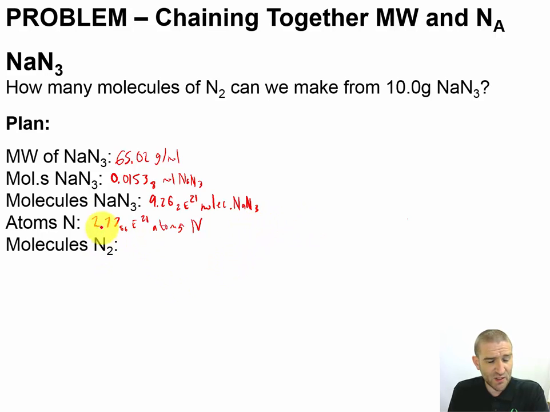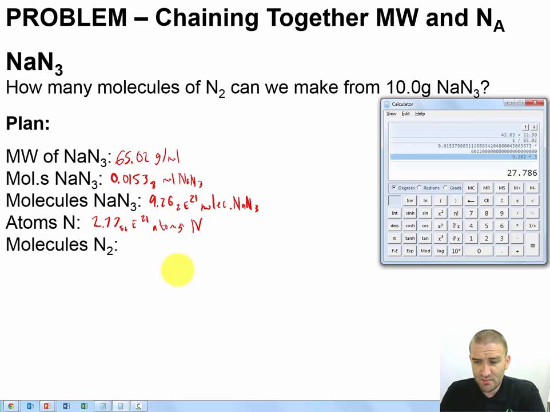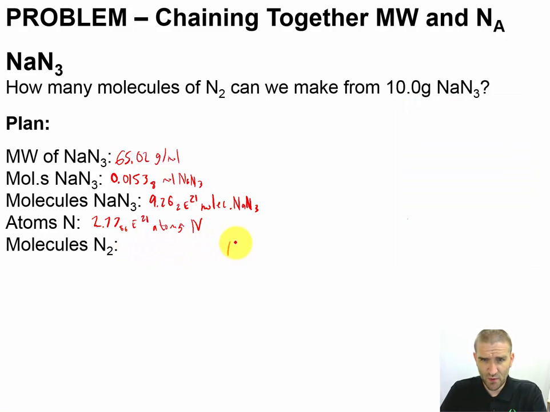Last step. I need to use 2 atoms to make this molecule, right? So I'll divide it by 2. So I'll grab the calculator again. So that divided by 2 gives me 13.893. And remember, that was when I was cheating so that I didn't have to deal with my calculator being terrible about scientific notation. So that was times 10 to the 20.